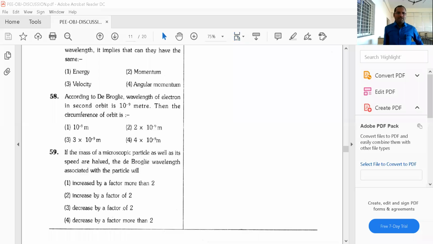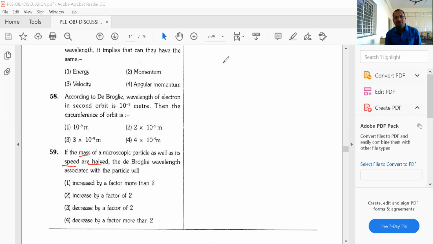If the mass of a microscopic particle as well as its speed are both half, then the de Broglie wavelength associated with the particle will be?